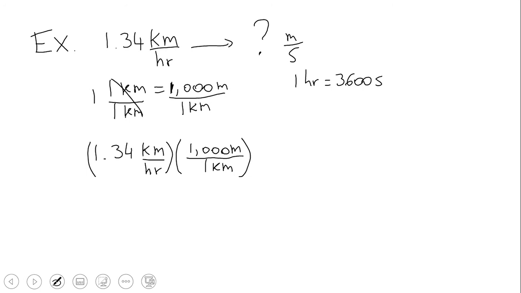Now, for the hours, I have the opposite. The hours are in the denominator. So I need to use this ratio here on the right, but for that ratio, now I want to keep the hours in the numerator and the seconds in the denominator. So I'm going to divide by 3,600 seconds.